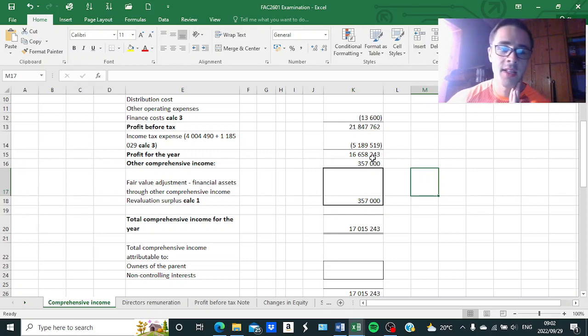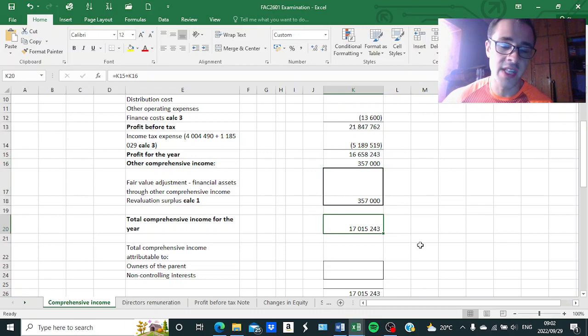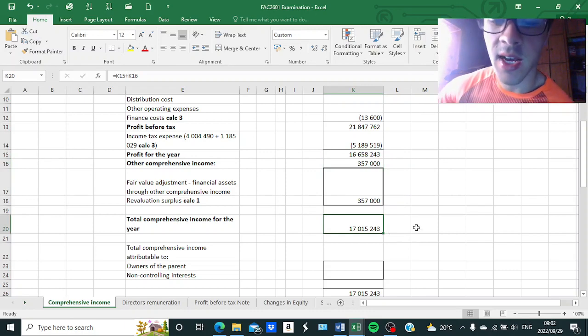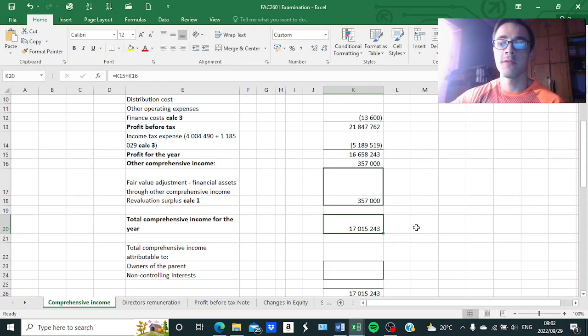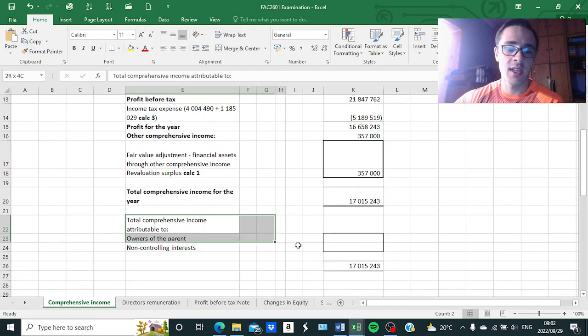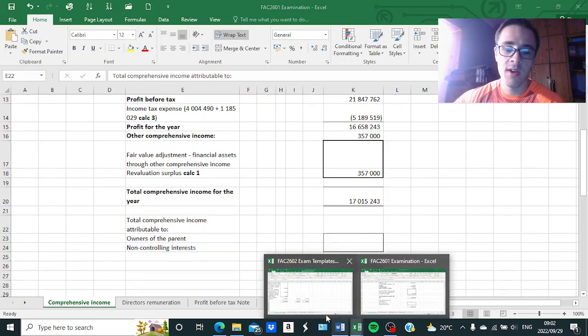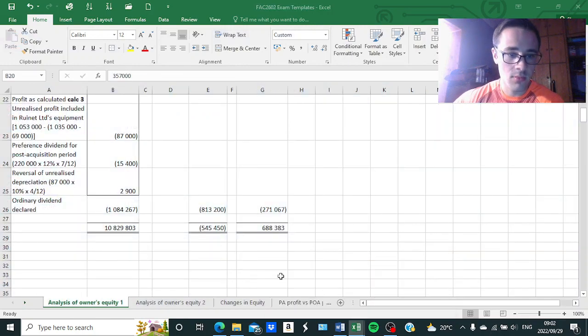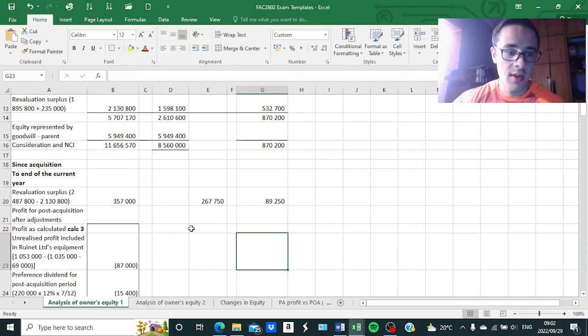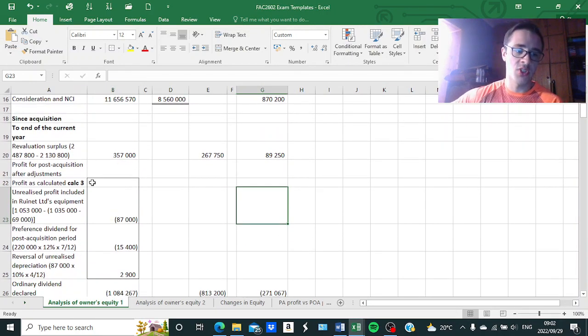And if you add your other comprehensive income, you'll get the total comprehensive income for the year for the group, which is 17,015,243 Rand. Now, before we calculate this section right here, we need to return to our analysis of owner's equity for ordinary shares, especially the since acquisition to the end of the current year section.